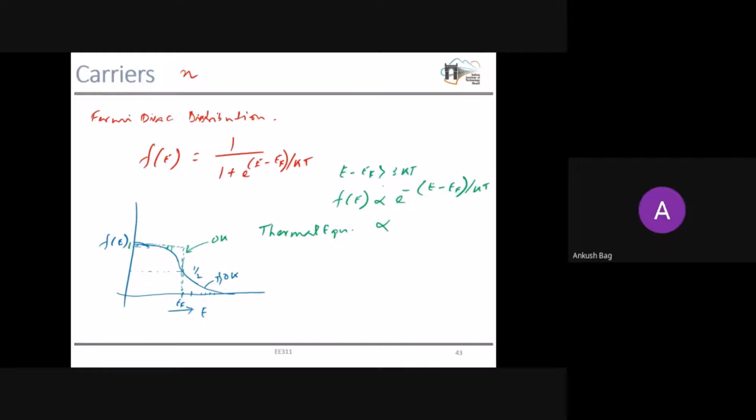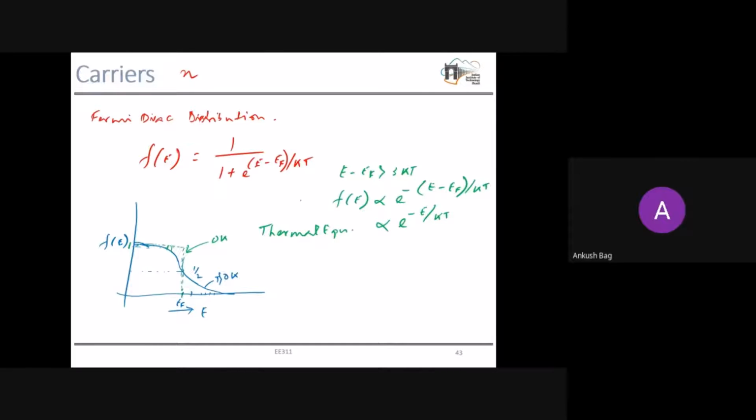That is why many times we can use this simplified Fermi function. If we simplify further, we can see that it has this dependence, proportional to E divided by kT. So this is the simplified form.